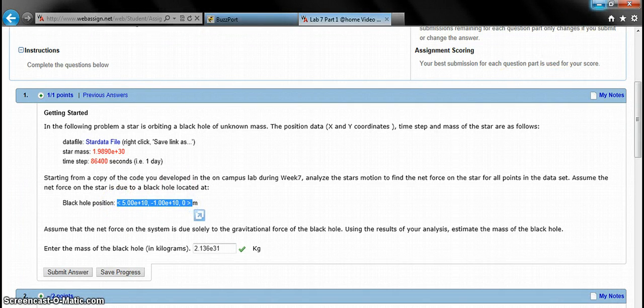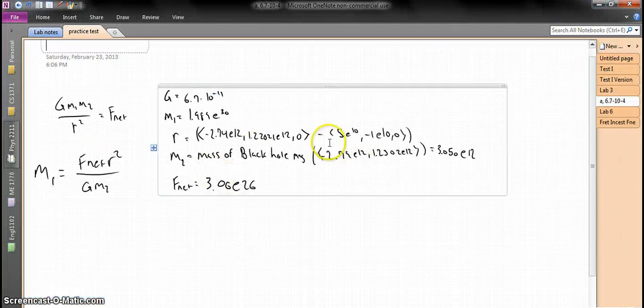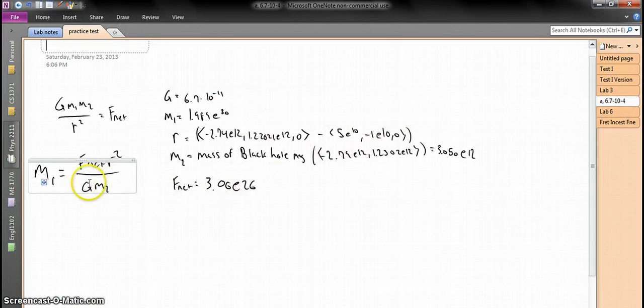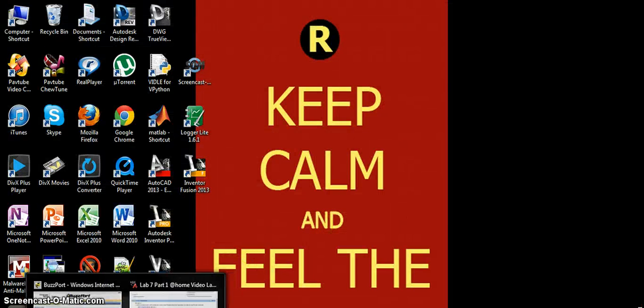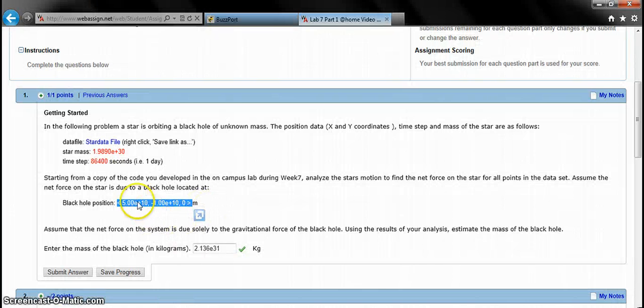Using these two values, we were able to find the magnitude of the distance in between and complete the equation. And once the equation was all put together and the algebra was through, the mass of the black hole came out to be 2.136 times 10 to the 31st, which is confirmed by this here.